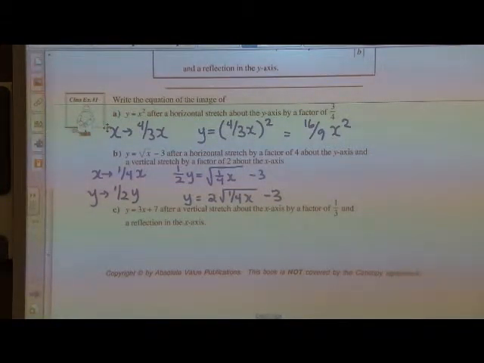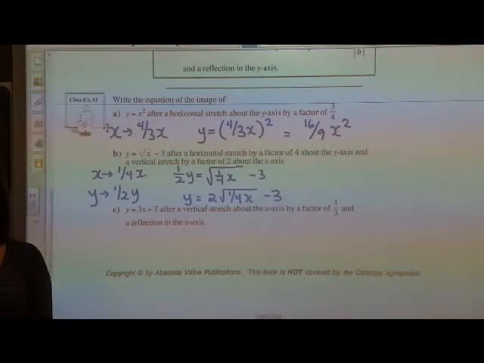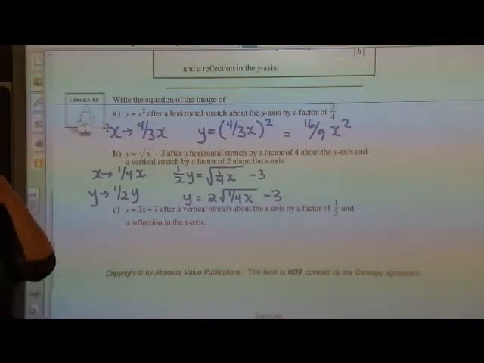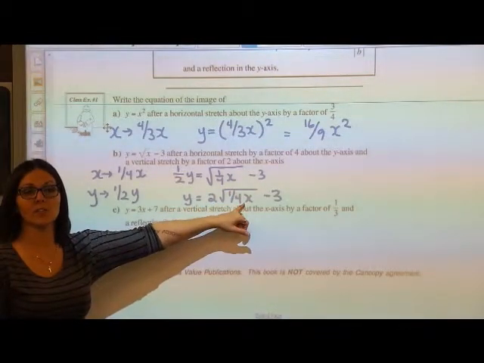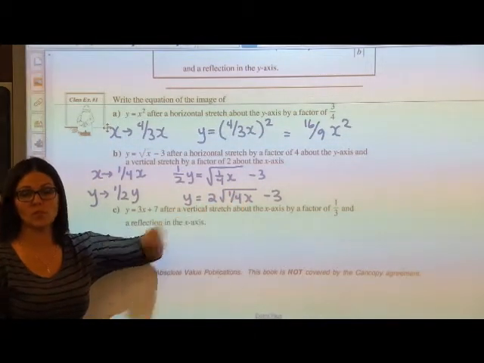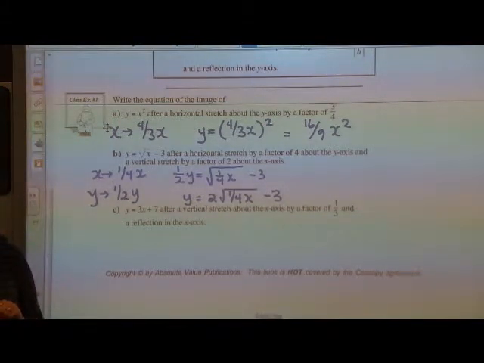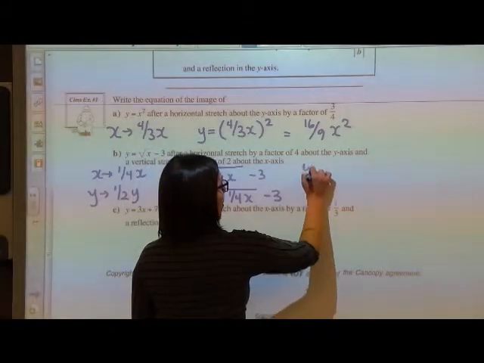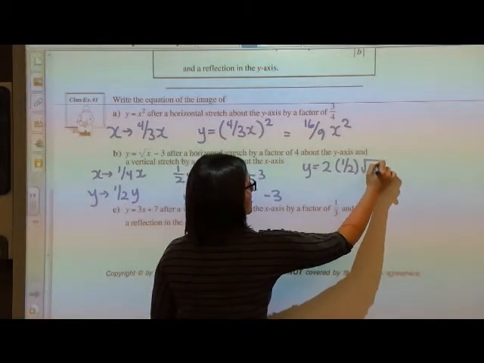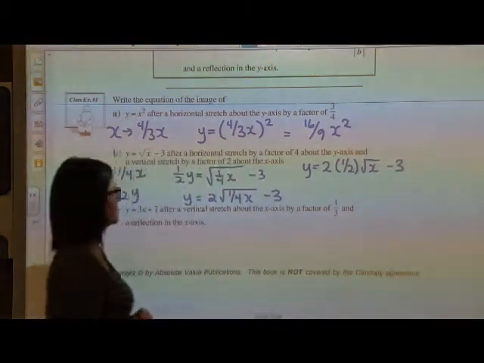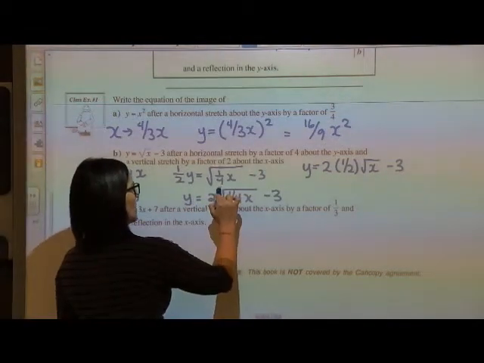Look at what's underneath the radical. Can I simplify the square root of 1/4? Can I take its square root? So can I take the square root of 1? Can I take the square root of 4? So what's the square root of 1/4? 1/2. So I get y equals 2 times 1/2 times the square root of, or sorry, this should all be multiplied by 2.